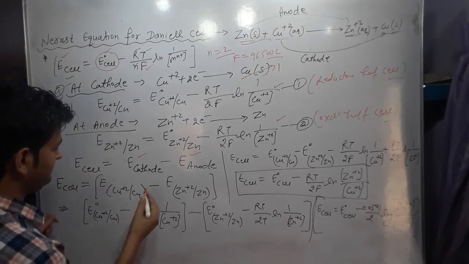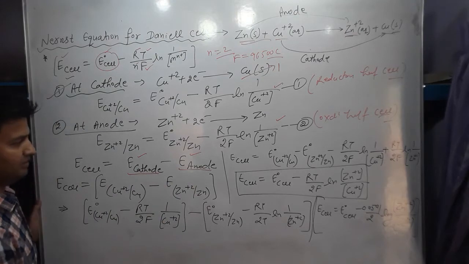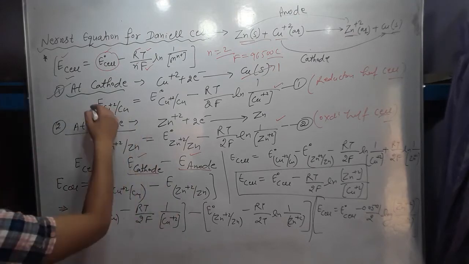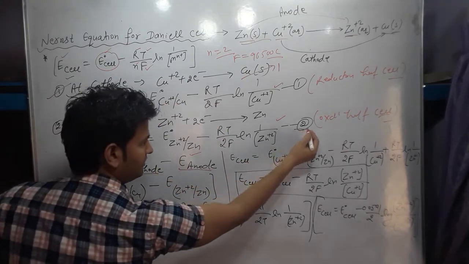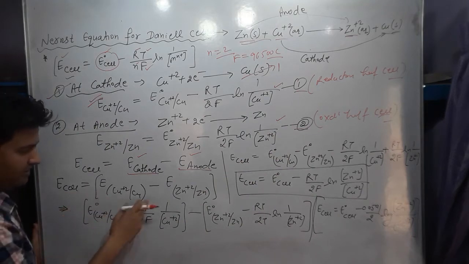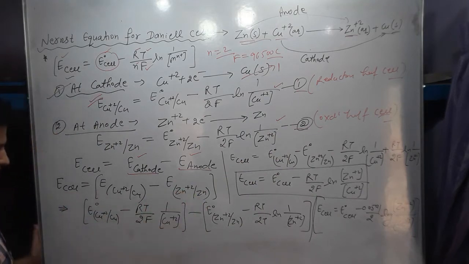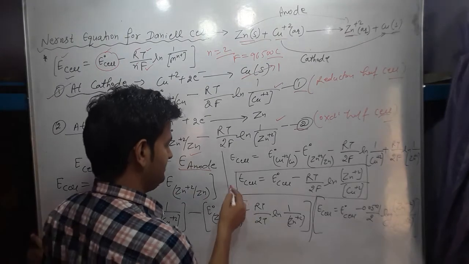So we subtract the EMF at the cathode minus the EMF at the anode. At the cathode the EMF is equation 1 and at the anode equation 2. So we subtract both these equations. So here we write the EMF of the cell, the EMF of copper and the EMF of zinc ion. Both are subtracted. Then we can write this equation as follows.